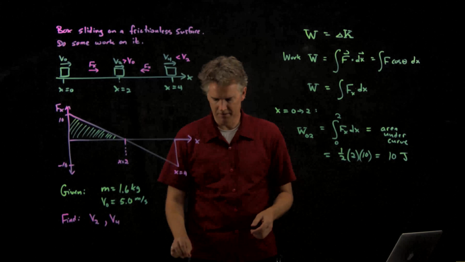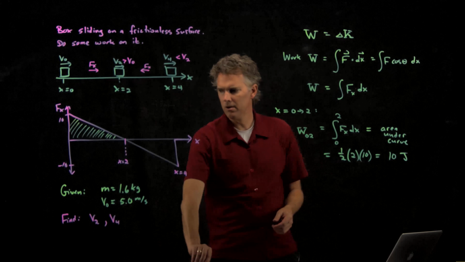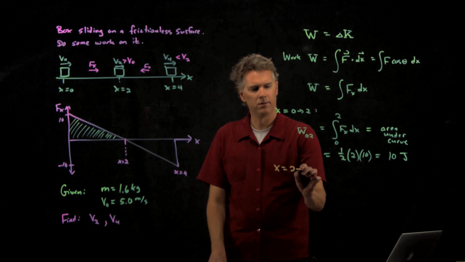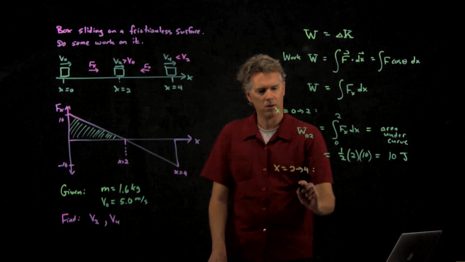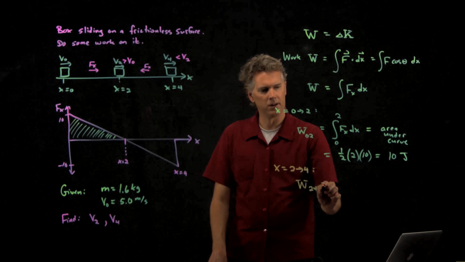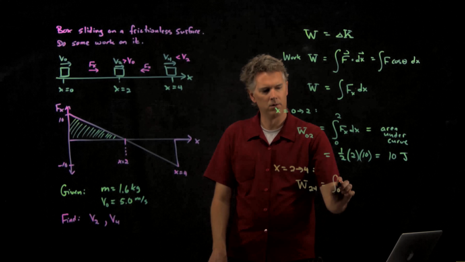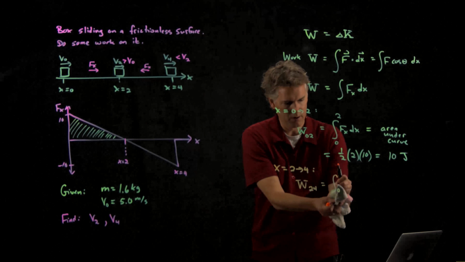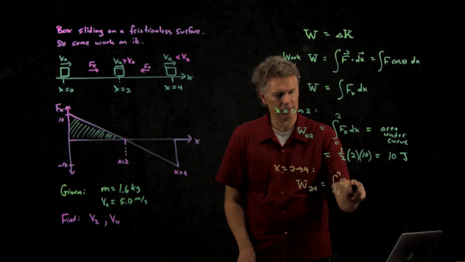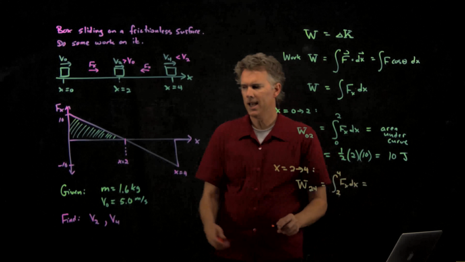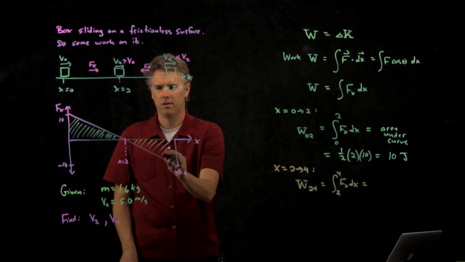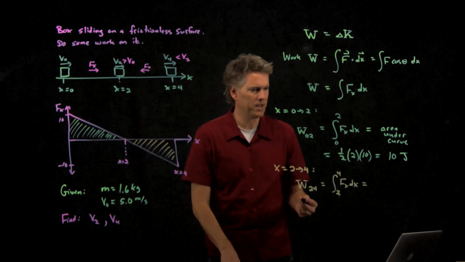What about the second part? Let's do x equals 2 to 4. The work from 2 to 4 is going to be the integral from 2 to 4 of F sub x dx, which again is just the area under the curve here, which is 1/2 the base times the height.